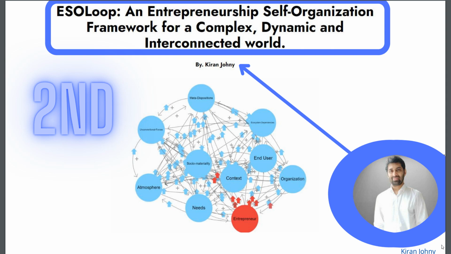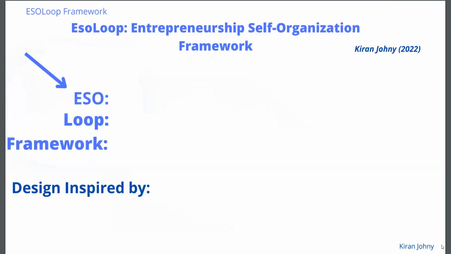Let us start this video by looking into the name of the framework itself. The ISO in the Eso-Loop framework stands for entrepreneurship self-organization, where entrepreneurship is viewed as a complex adaptive system with self-organization tendencies.